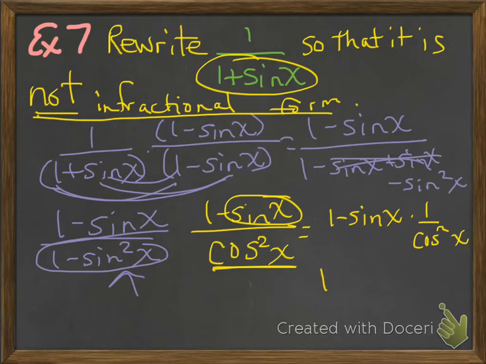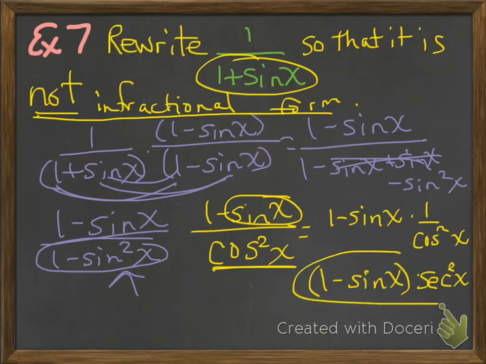So what I can do is write this as 1 minus sine x times, and you remember that other trig identity, that the cousin of cosine squared is secant squared. So this right here is this problem written all in one line and not in fraction form. Alright, that's all I have for you. Good luck.